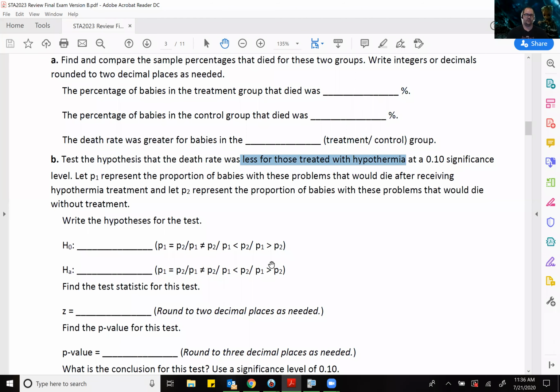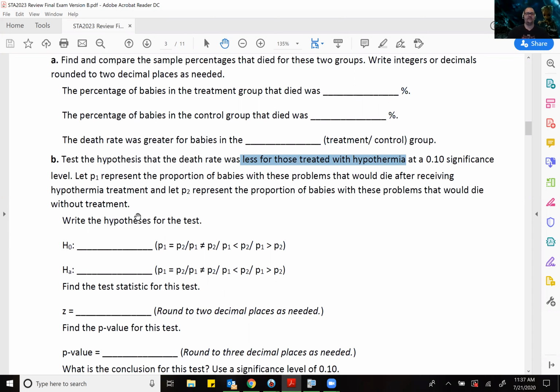Even though this is a greater than sign, it's all about who is who, okay? So just be careful on that. But in this one, thankfully, the words less up here match the symbol we wanted down here because this was the treatment, this was the control. And the treatment should be smaller than the control. Hopefully that makes sense as I was talking it out with you. So we're going to choose P1 less than P2.